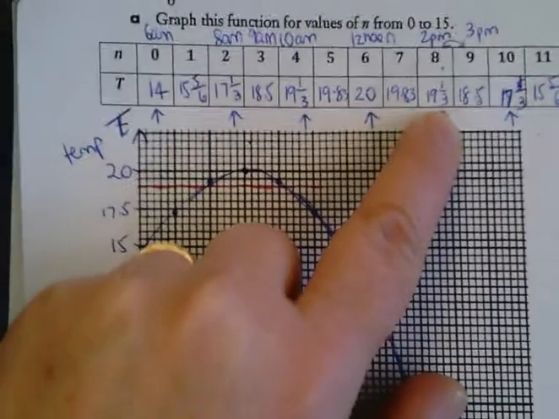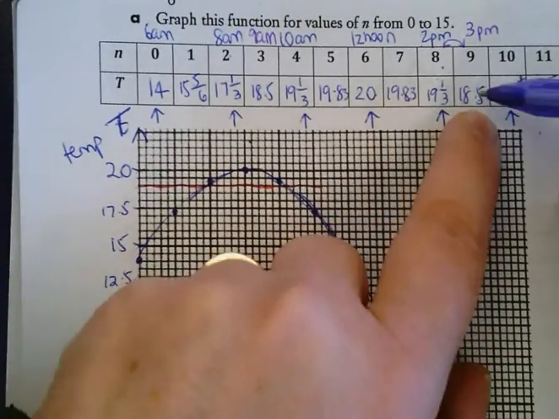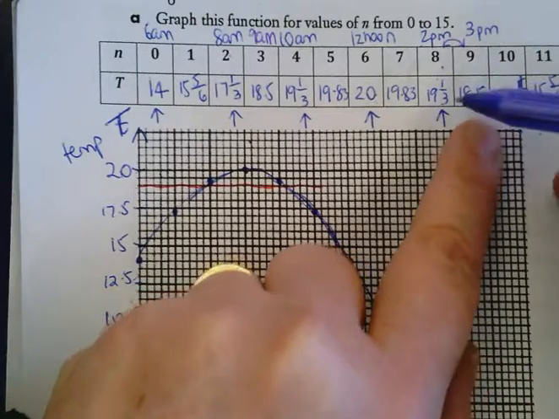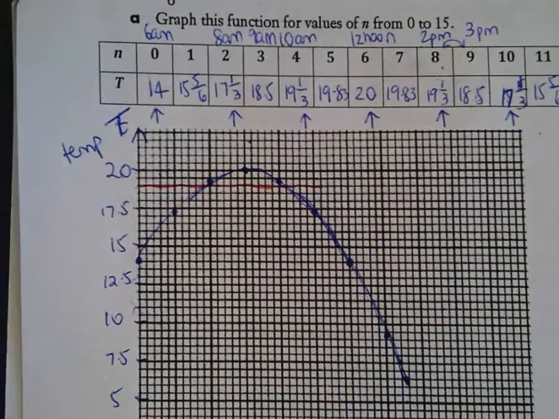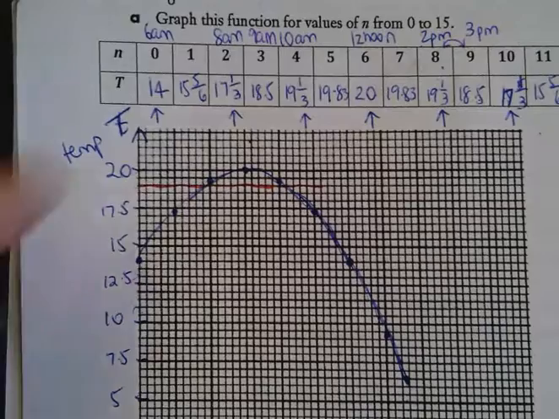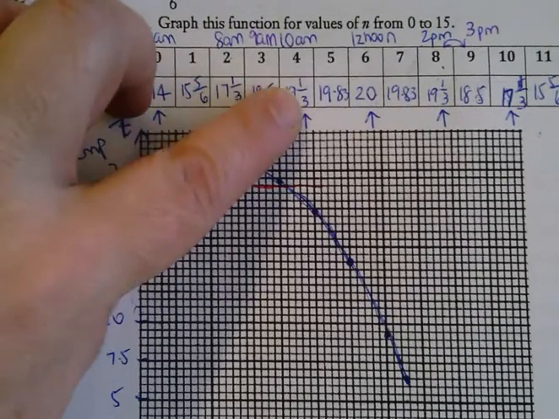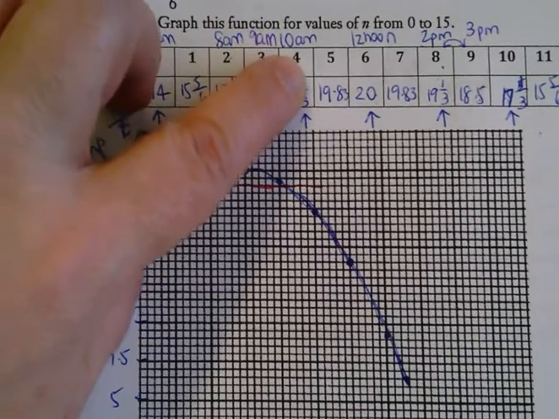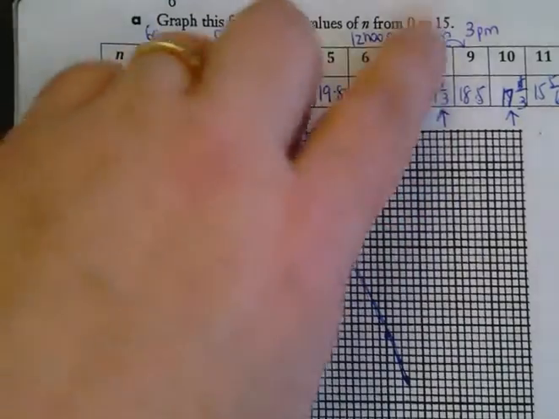So if it's above 19 there, and if it's below 19 there, then between 8 and 9 it will be 19. So we're saying it's between 9 a.m. and 10 a.m., which is 9:30, and between 2 p.m. and 3 p.m., which is about 2:30.